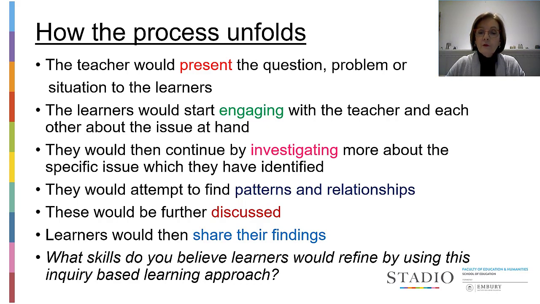So if we use a very simple example, like how and why do animals communicate? The learners might start off by talking about, right, this is the particular question that we've been presented with. So let's talk about the kinds of sounds that animals make and how they communicate with each other.